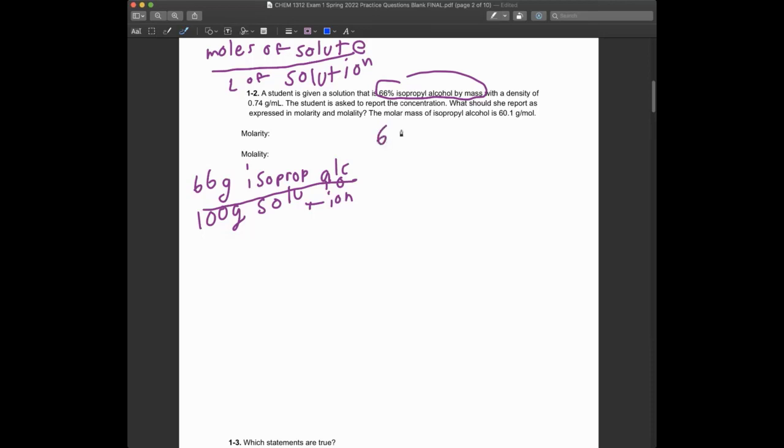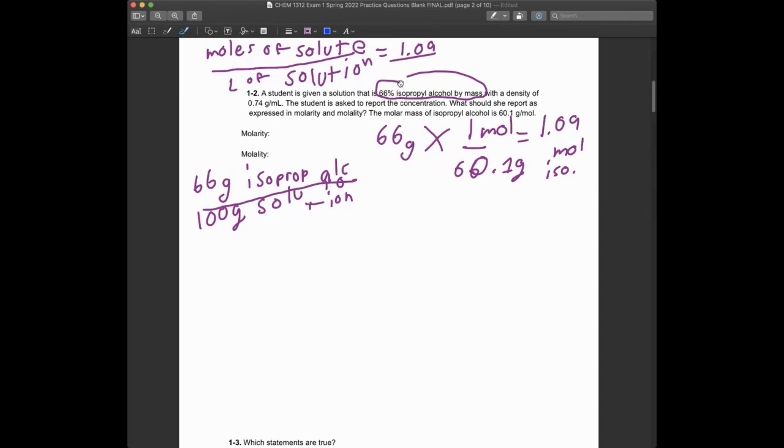So how do we turn that to moles? You go ahead and just take that grams and you divide by the molar mass. And when you do that, you get 1.09 mole isopropyl alcohol. Okay, so we have one piece of the puzzle. We have the 1.09, and let's determine how we can find the liters of solution.